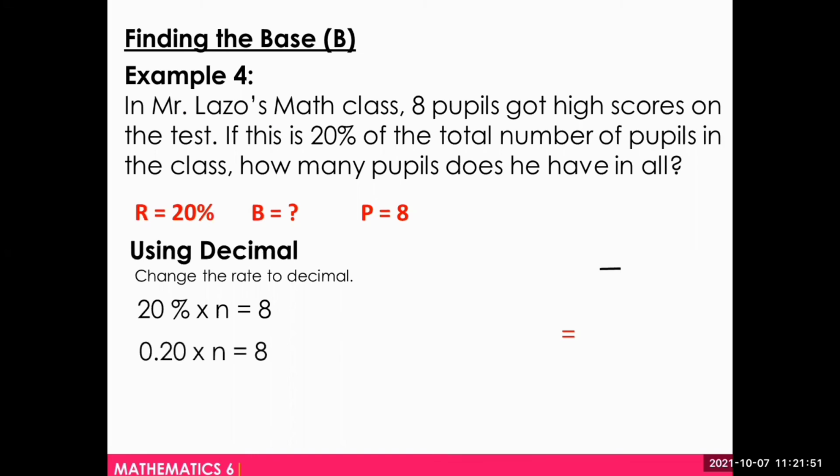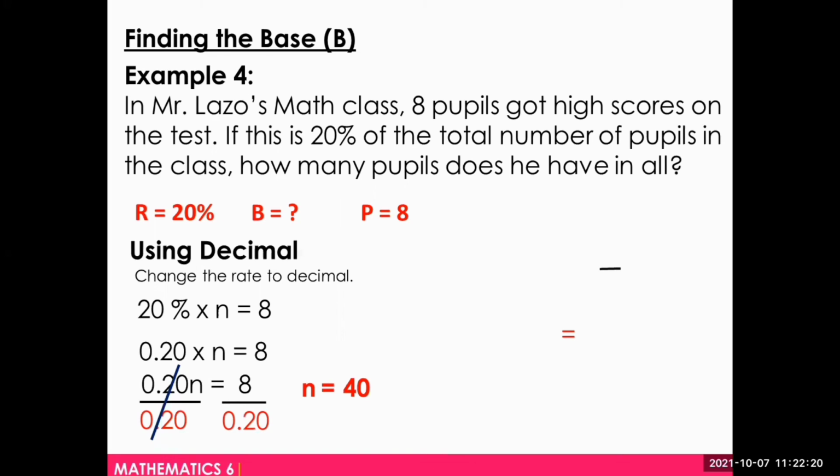Now, 0.20 times N equals 0.20N, and that is equal to 8. I-divide natin both numbers by 0.20 since 0.20 ang katabi ng ating variable na N. So, i-cancel natin para matira na ang letter N. 8 divided by 0.20 equals 40.